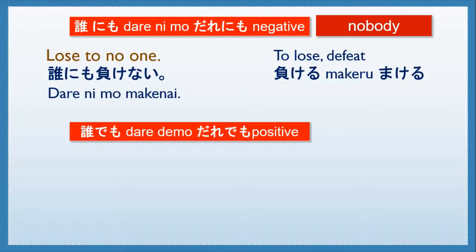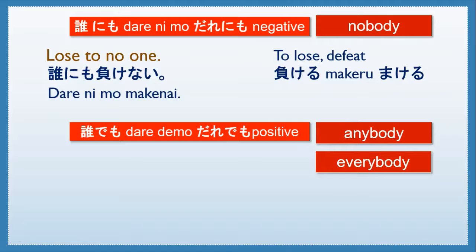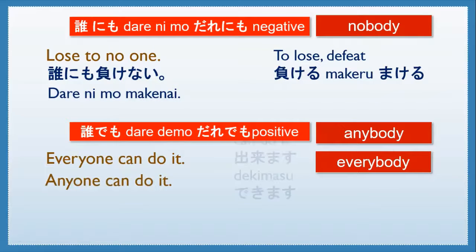Next is dare demo. Earlier dare mo or dare ni mo is used with negatives, but here dare demo with something positive means anybody, everybody or everyone. Let us look at the example. Everyone can do it, or anyone can do it.